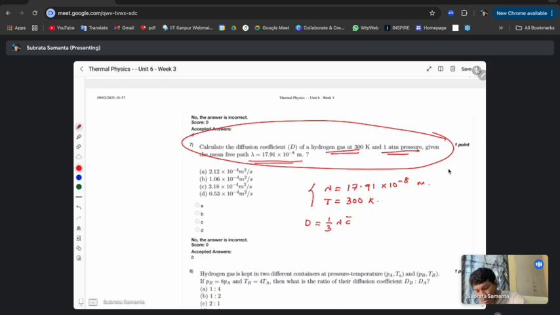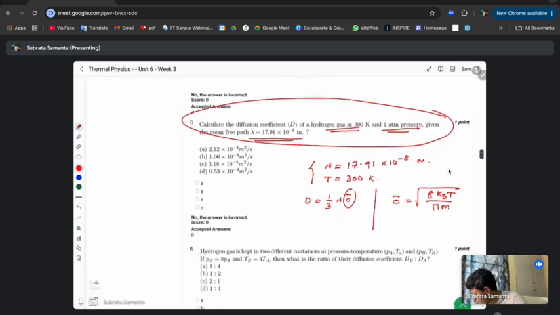Once you know the temperature, we can calculate C average. How to calculate C average? Again, just use the formula 8 kBT over pi m. The temperature is given, but m here is the mass of a hydrogen H2 molecule. One mole of hydrogen H2 gas is basically 2 gram, so you divide it by Na.